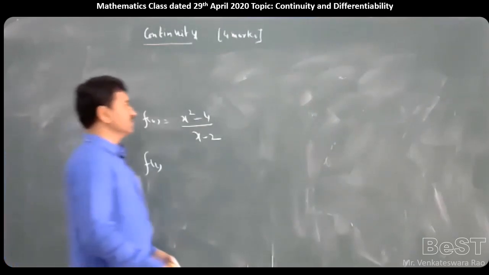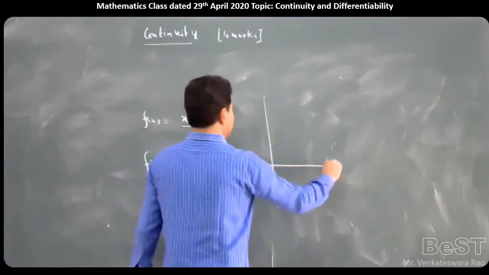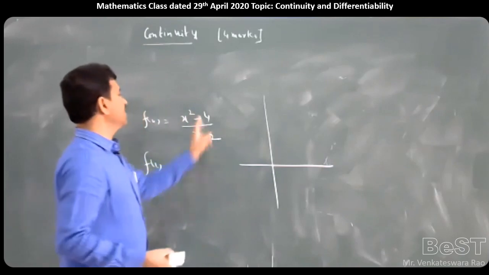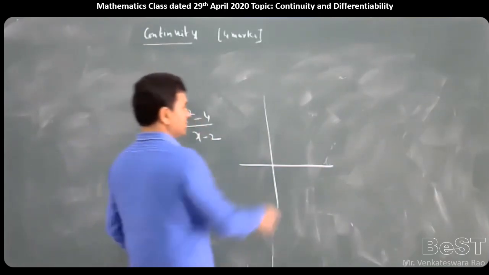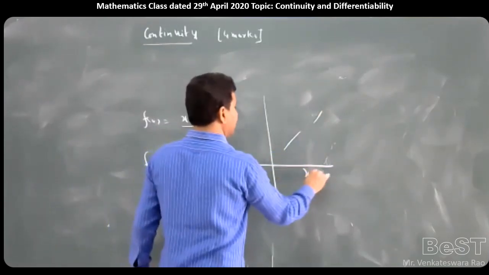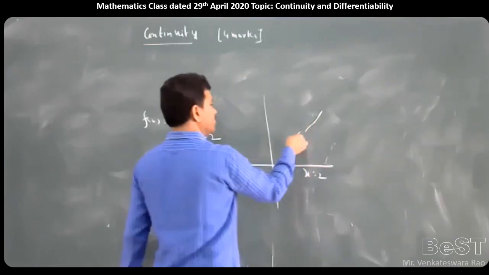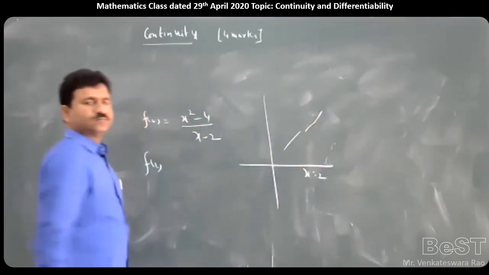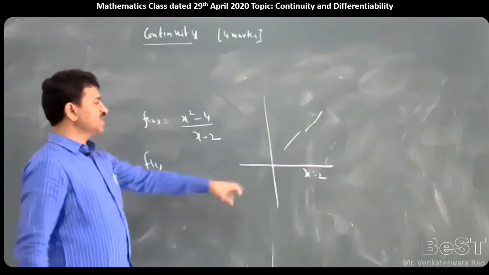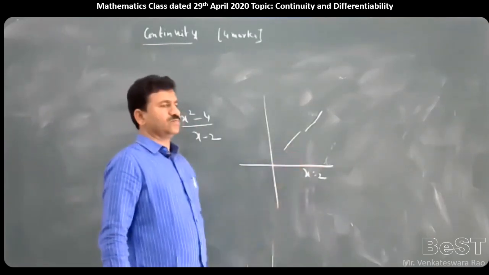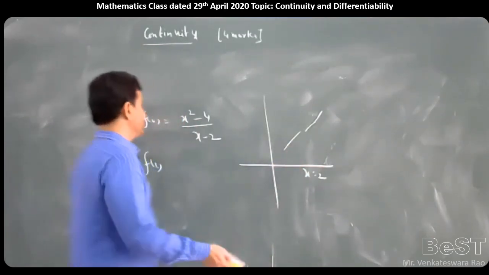If we draw the graph, f of x is equal to x plus 2, a straight line, and the graph will be discontinued exactly at x is equal to 2. Keep this point in your mind.